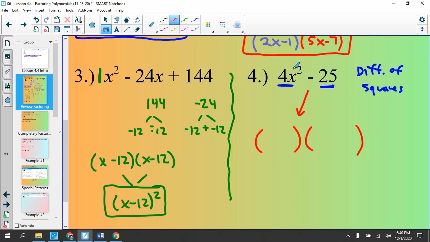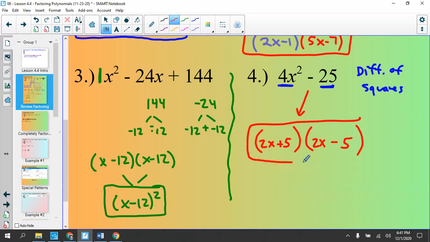It's the square root of the first term. So square root of 4 is 2. Square root of x squared is x. And I'm basically reserving that in both spots. So 2x, 2x. Square root of 25 is 5, 5. And then I need to remember that I need one of each, a positive 5 and a negative 5.